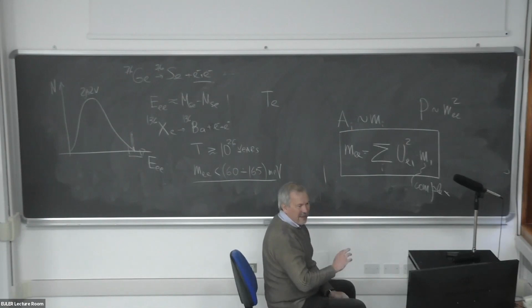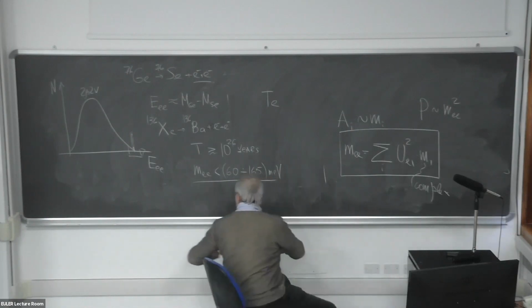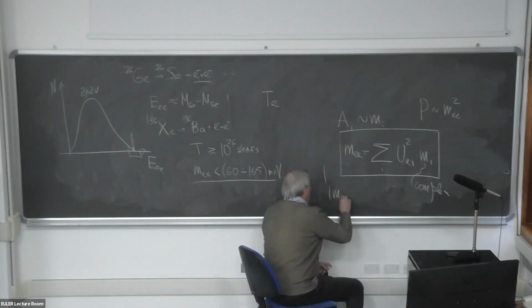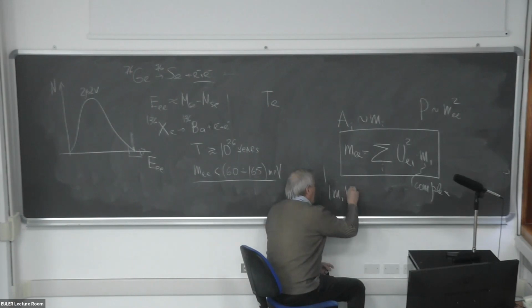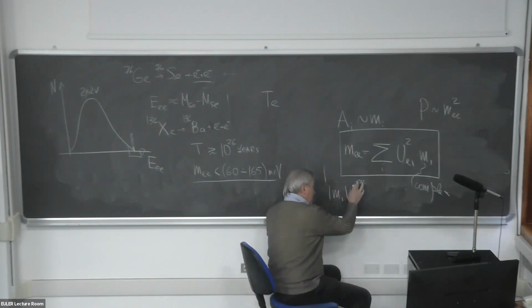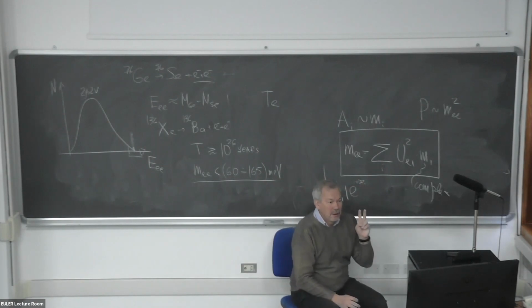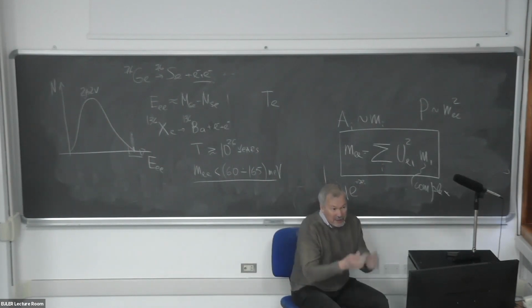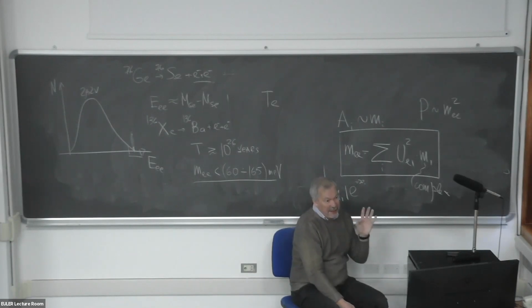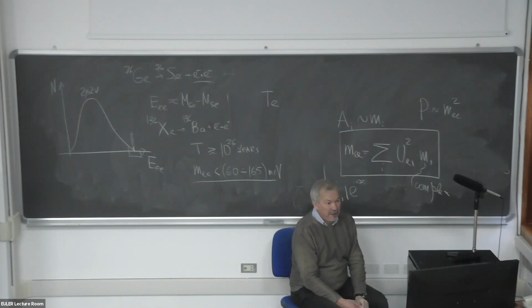So people say these are CP phases, and you can write the formula in the following way: m_i modulus times exponent of i kappa. What matters is the relative phase of different terms. Actually, two independent phases enter here, the relative phases between different masses. So this is one of the interesting cases where complexity of mass can have a physical, observational effect.